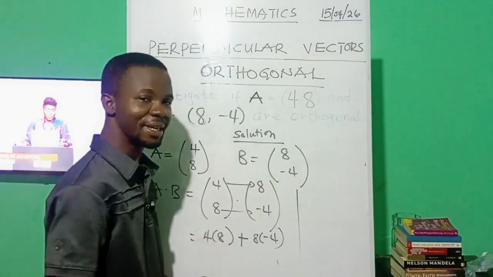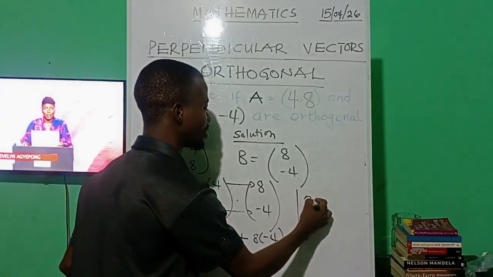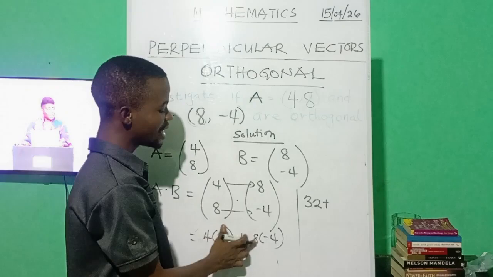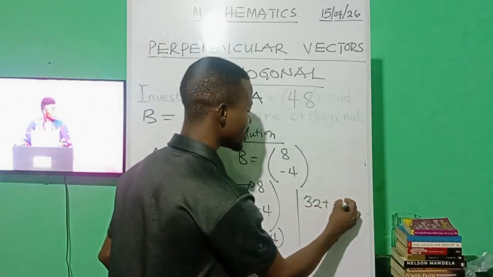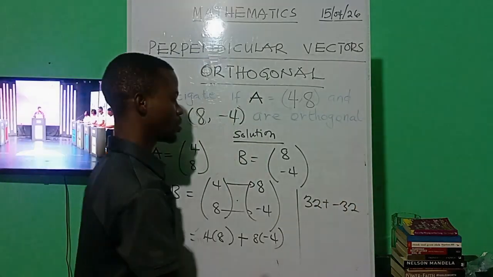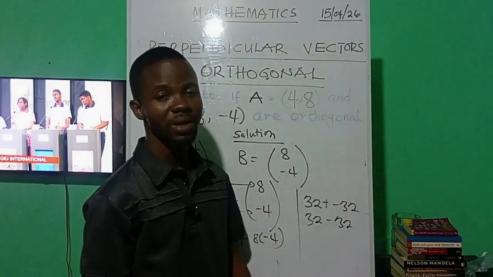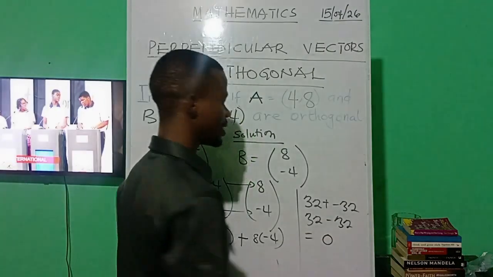Now 4 by 8 will give you 32, plus 8 by -4 will give you -32. So this will be 32 minus 32. And what's the answer? We are getting 0.